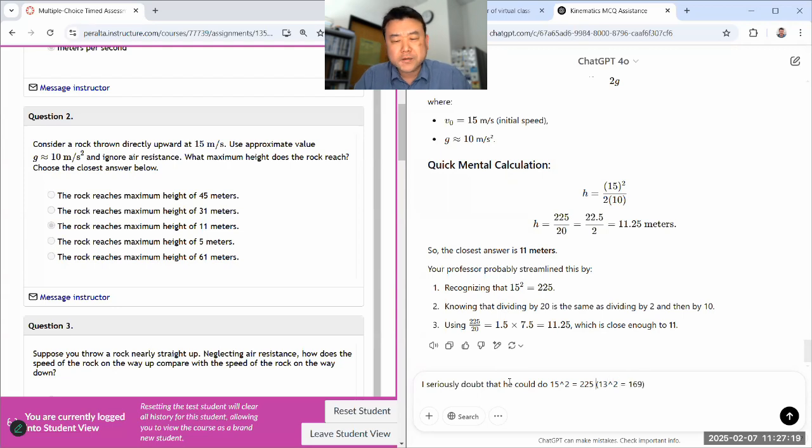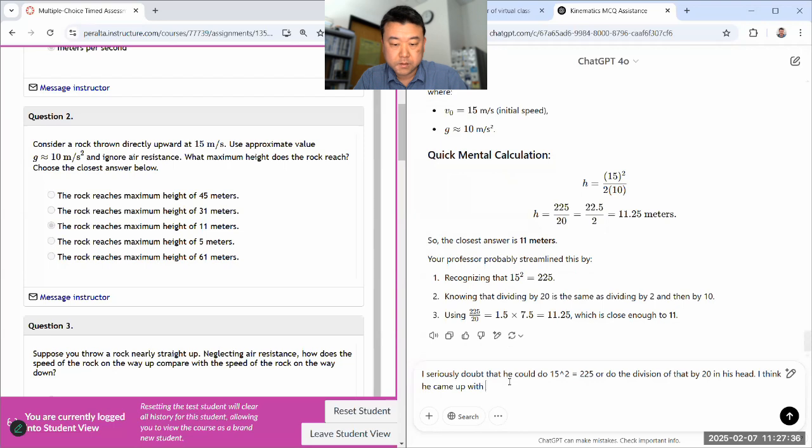I don't know if I have 14 squared memorized. Or do the division of that by 20 in his head. Maybe he could. I think he came up with 1.5 and 7.5 somehow, some other way. Is there another way?